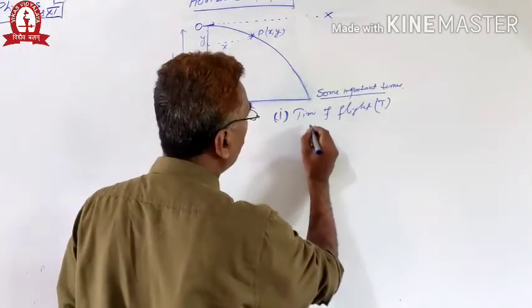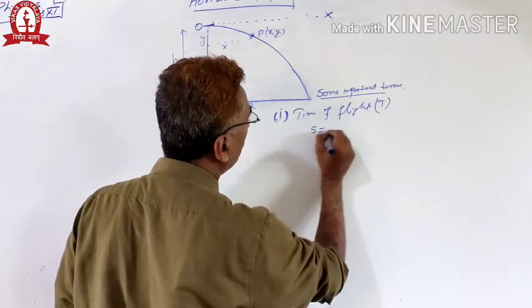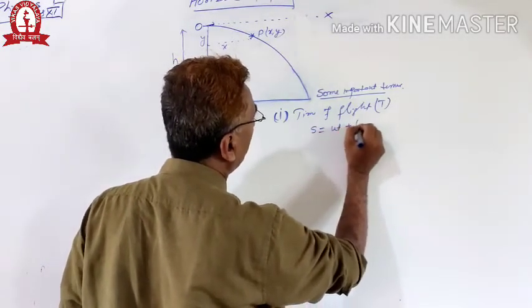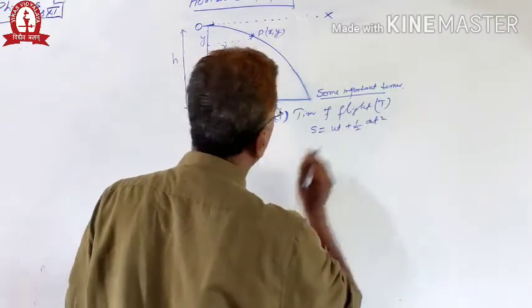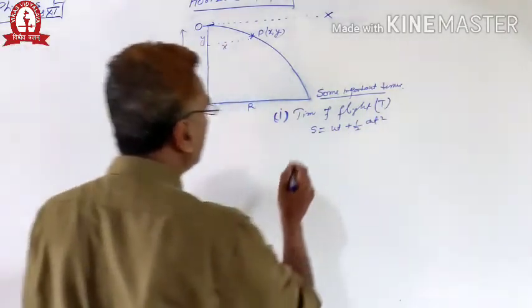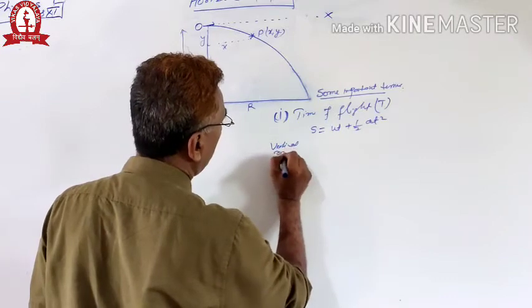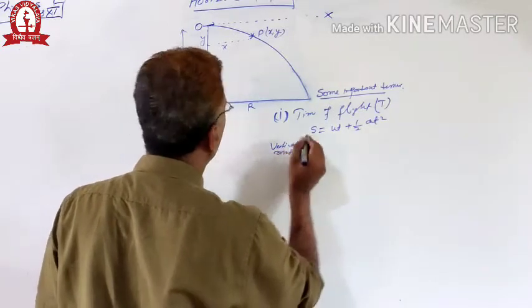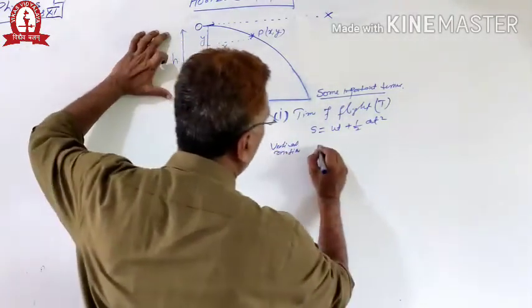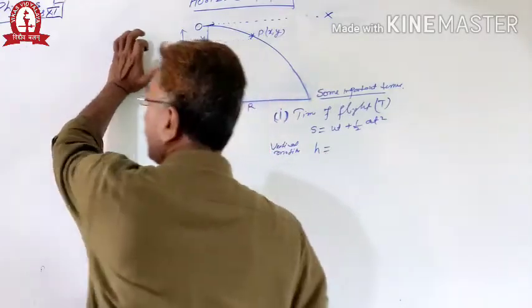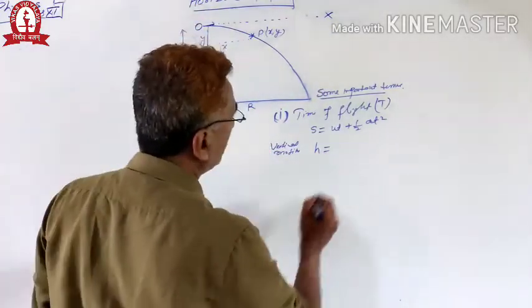Now we have the formula s equals ut plus half at square. Apply this formula, considering the vertical motion. For vertical motion, s is equal to h. Vertically the distance covered is s, and the initial vertical velocity u is 0.